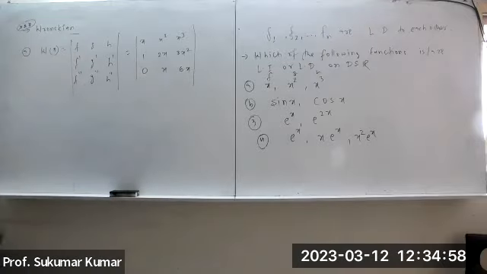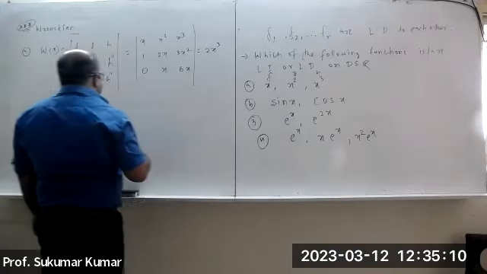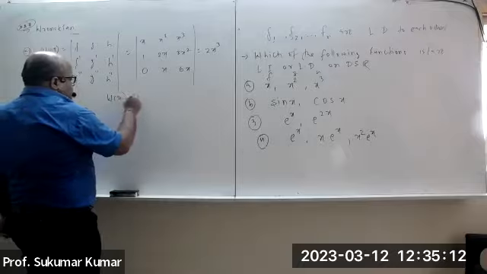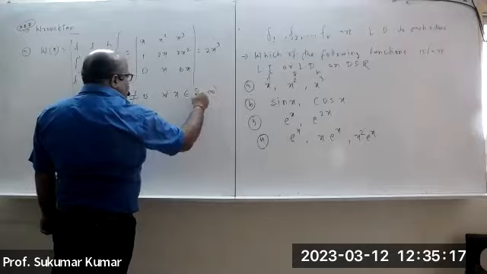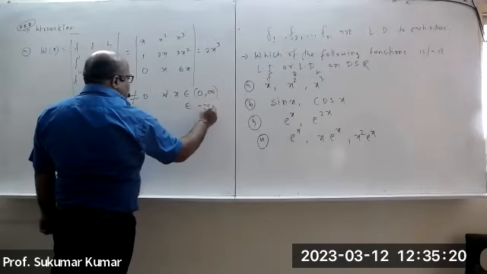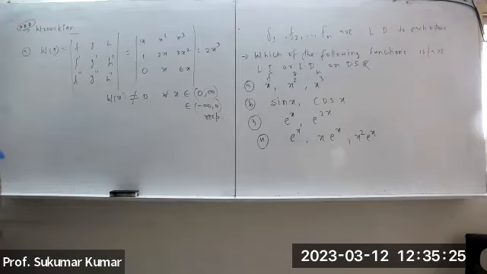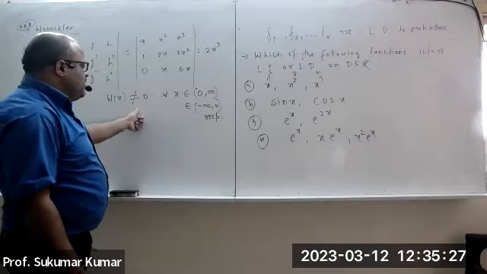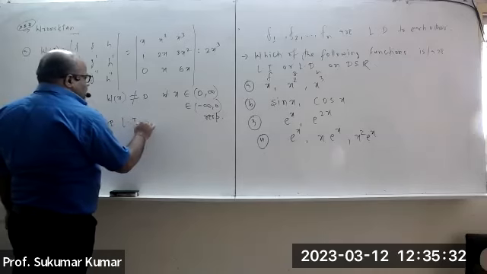What comes out? 2x, x, 2x cube. You can prepare the interval. On this interval, the determinant is not equal to 0, so the functions f, g, h are linearly independent on both intervals.